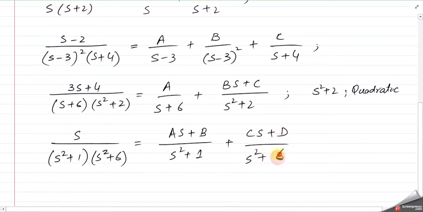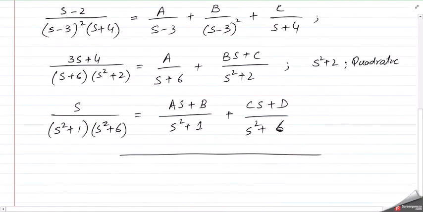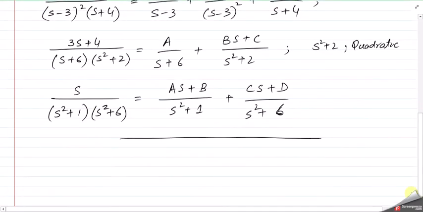Do not repeat the constants a, b, c, and d. s is our variable, but a, b, c, d are the constants. So these are the four possibilities which we might come across. There is another possibility, a quadratic with a square, but I won't discuss that because we possibly won't get that situation.